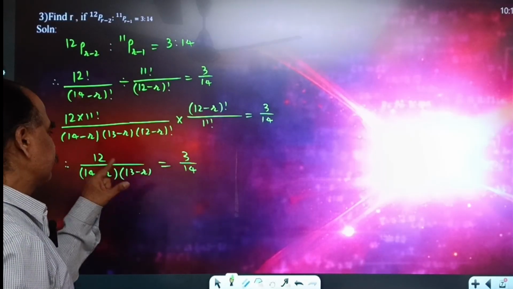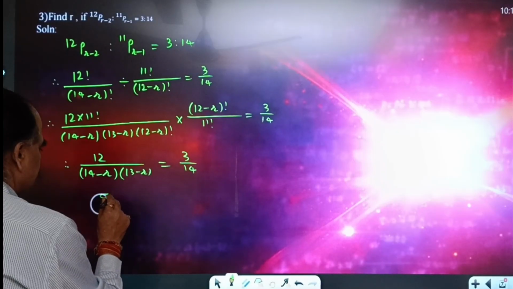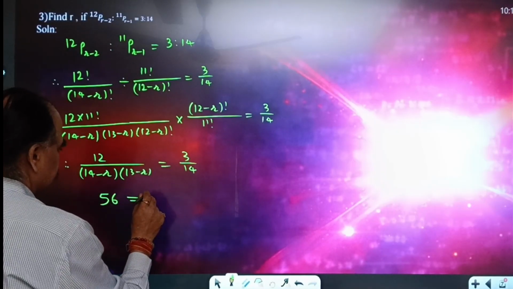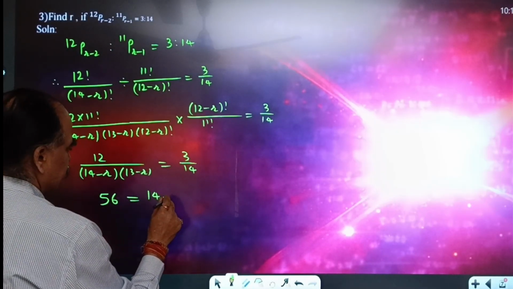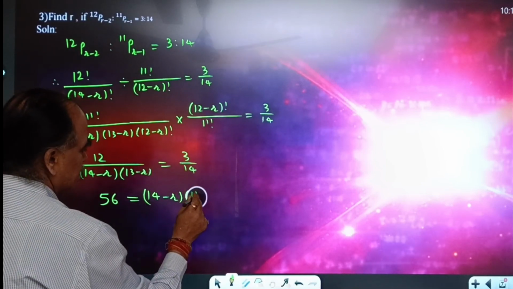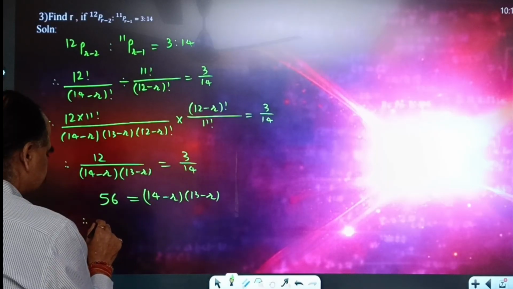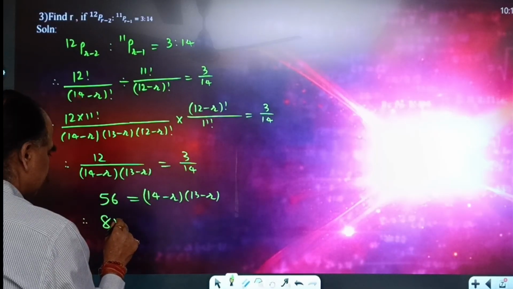12 and 3 will get cancelled, 4 and 14 for the 56, cross multiply, 14 minus r into 13 minus r, 56 can be written as 8 into 7.